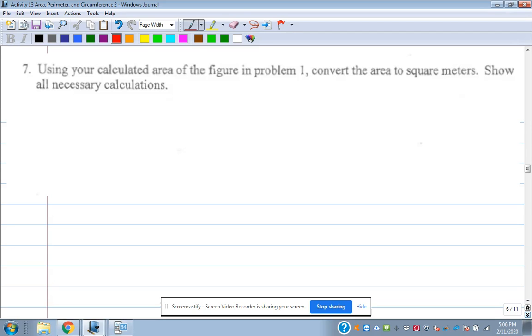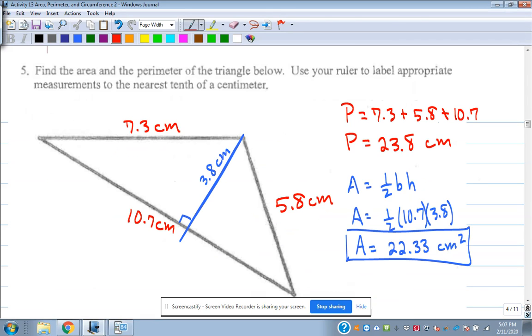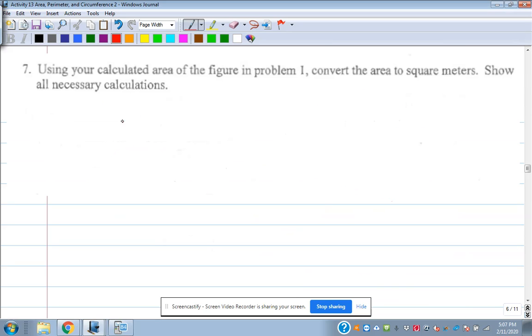Use calculated area in figure of problem 1 and convert it to square meters. Show all necessary calculations. So go back to problem number 1 and figure 1 in that, and we're converting that square centimeters into square meters. So 270 square centimeters.